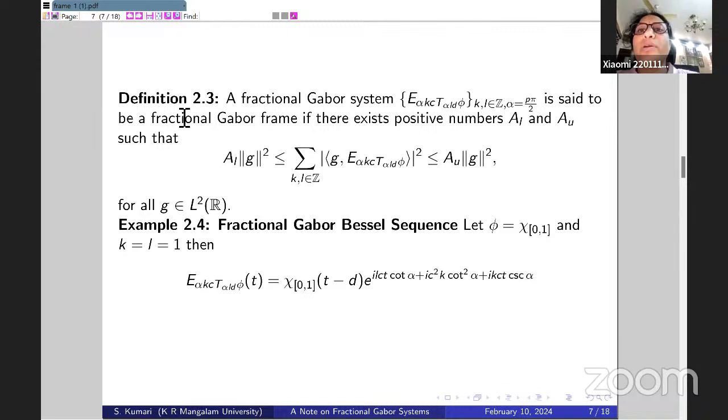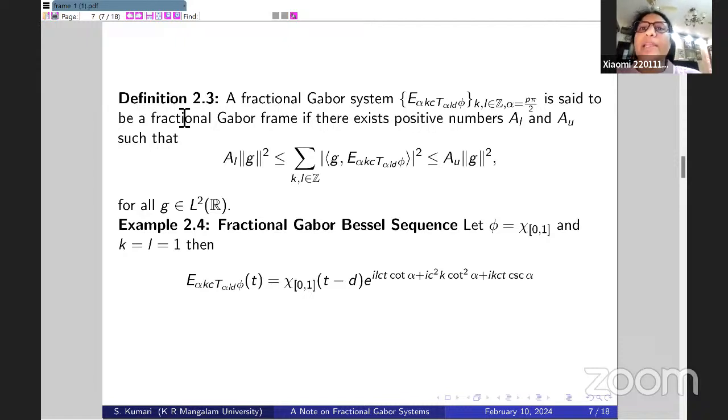The lower bound is A_L times the norm of g raised to power 2, and the upper bound is A_U times the norm of g raised to power 2, for all g in L2(R).